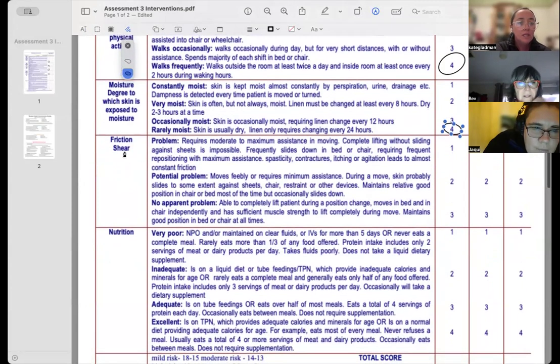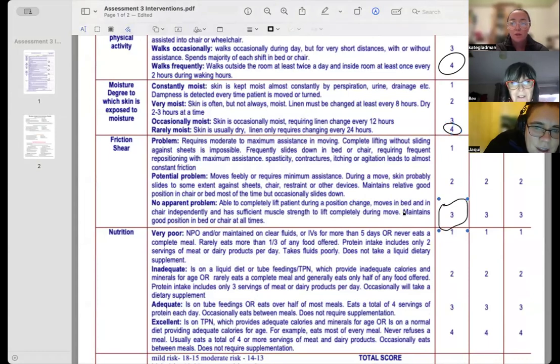Beautiful. And friction and shear. She's certainly not going to need assistance. She's not moving feebly. She'd have enough muscle strength to lift, so I'd say no apparent problem. Yeah, I would say that as well.